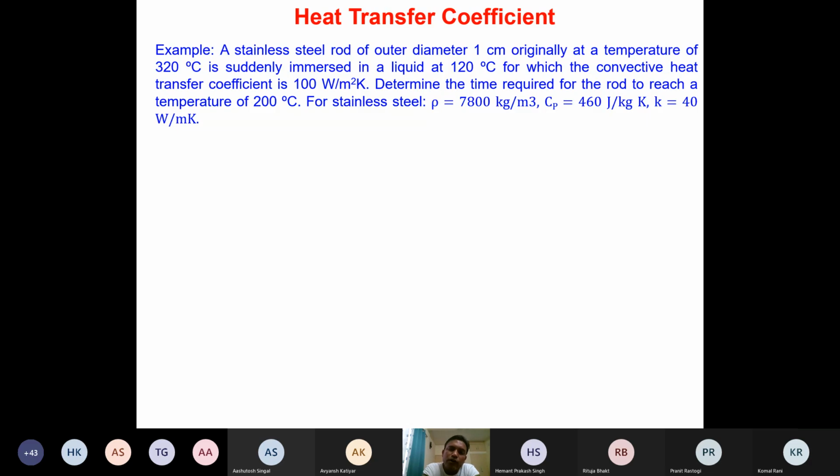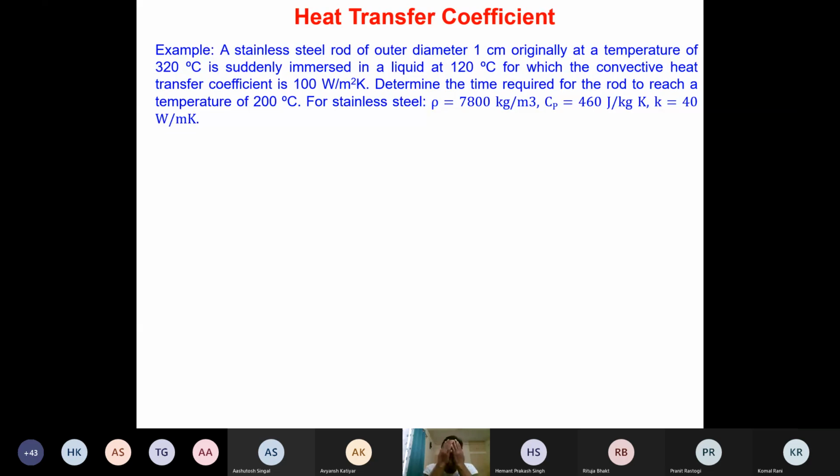For stainless steel, rho is 7,800 kg per meter cube, Cp is 460 joule per kg per Kelvin, and thermal conductivity K is 40 watt per meter Kelvin.